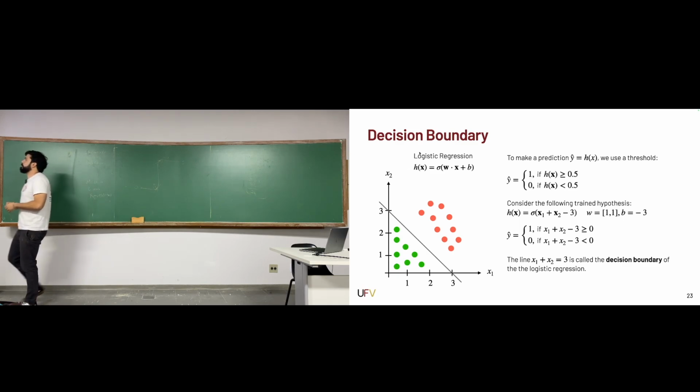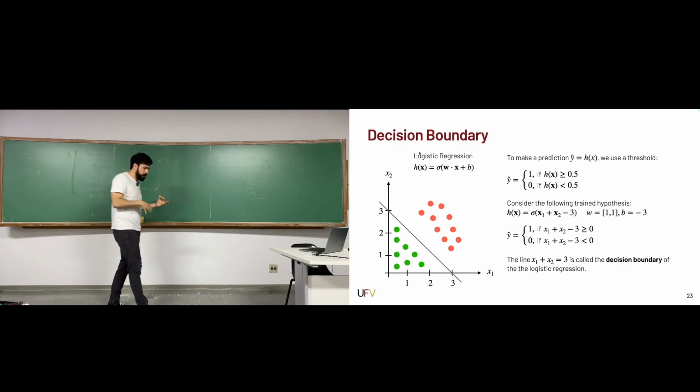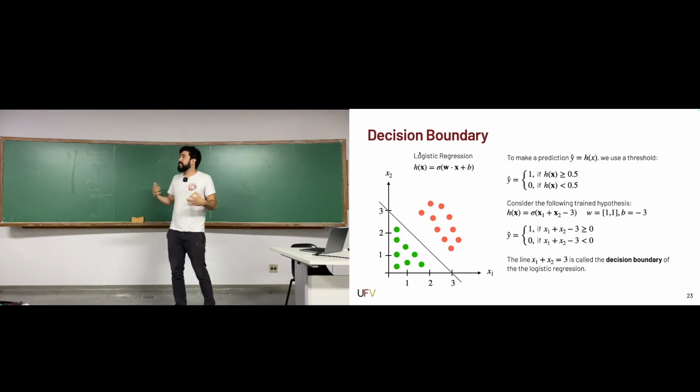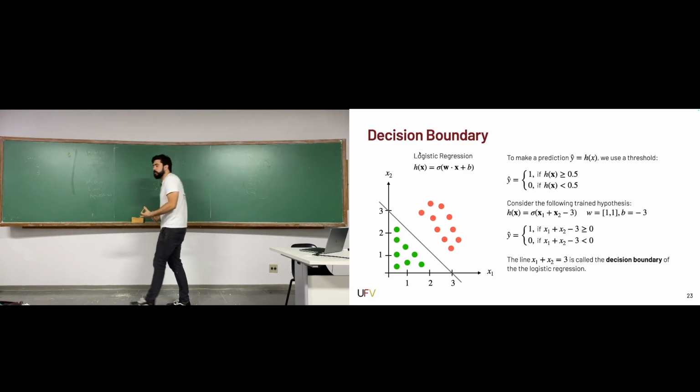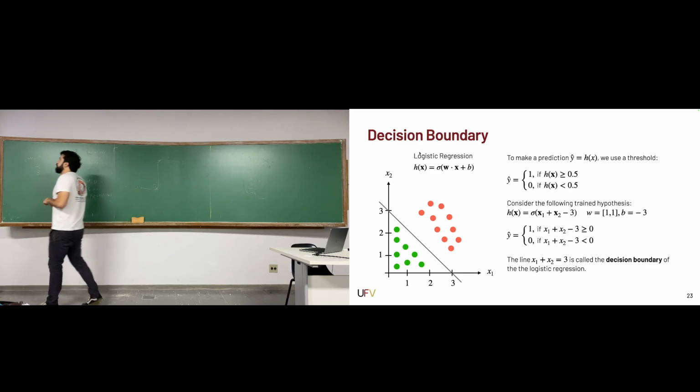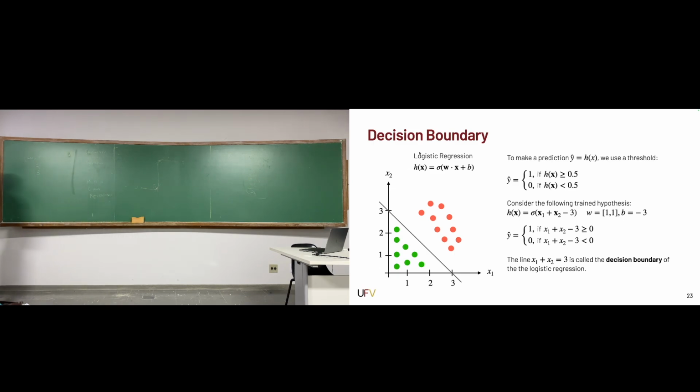One thing that is important about logistic regression is that even though we are using this sigmoid function that is not linear, it's still considered a linear model. Because, as you can see in this picture, it can only separate the space of classes with a line.